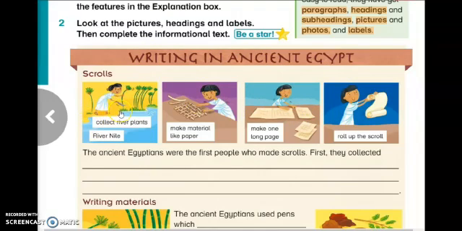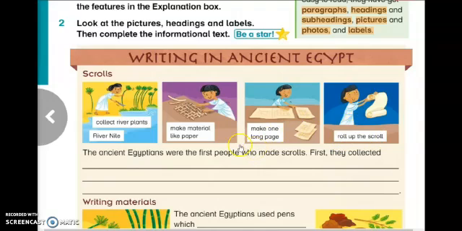Each one from these pictures has labels, as you can see here. The first one, collect river plant, River Nile. The second one, make material like paper. The third one, make one long page. And the last one, roll up the scroll.